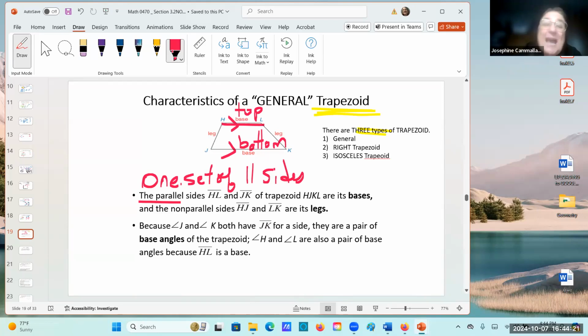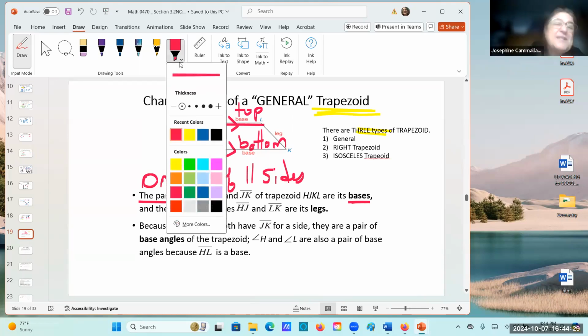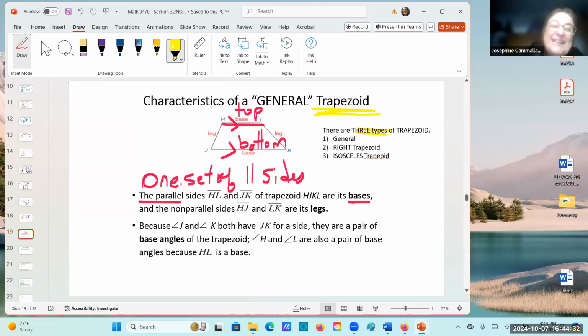Now, that top base and bottom base, they're known as bases. But we also have something called legs. Legs are what connect the top and the bottom base.